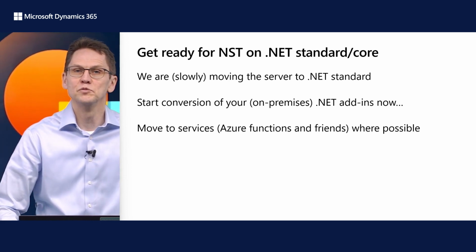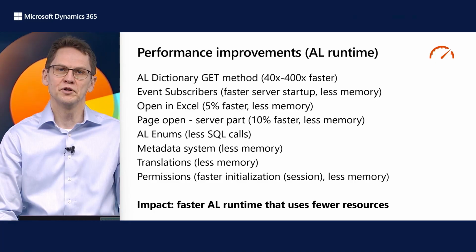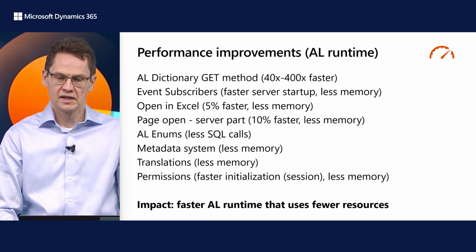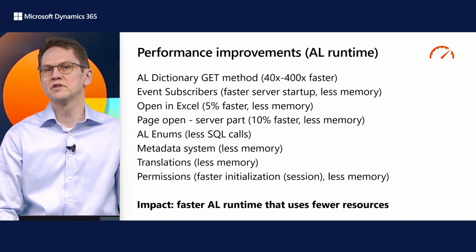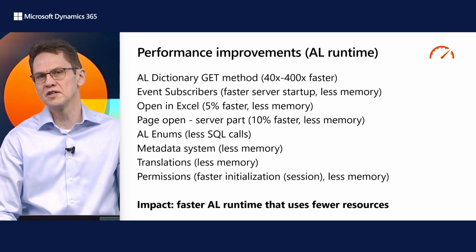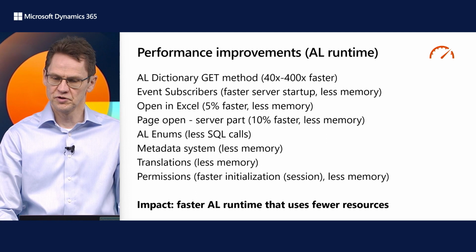I recommend moving to services whenever possible, because that allows you to reuse the same code for on-premise and for the cloud. The last thing I'm going to mention about AL runtime is that we have also made a number of performance improvements. I'm not going to go through each one of them, but rest assured that we're doing our best to continuously optimize the runtime so that it uses fewer resources.